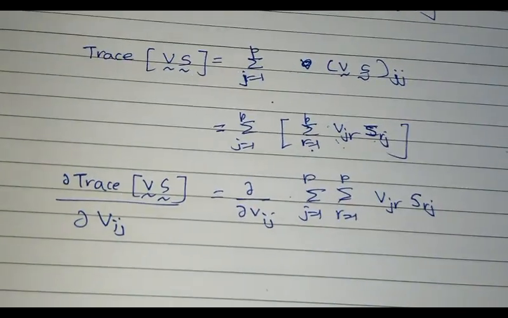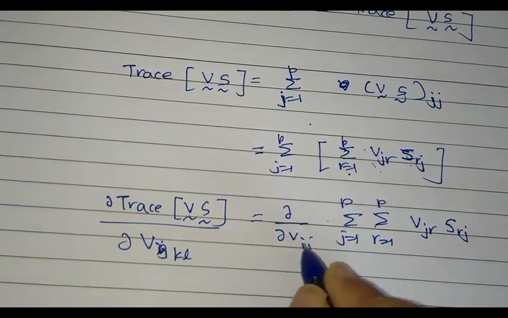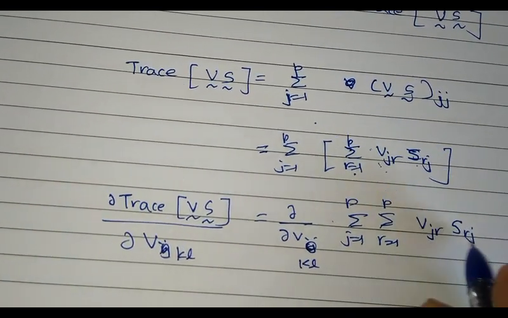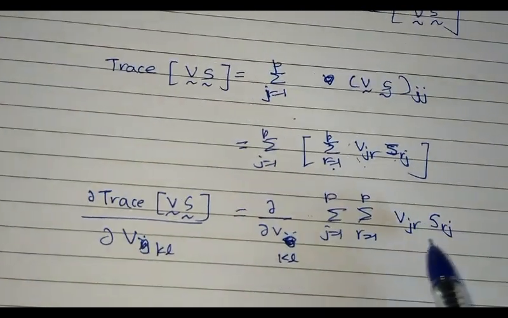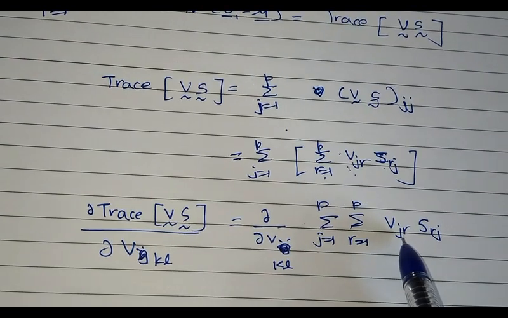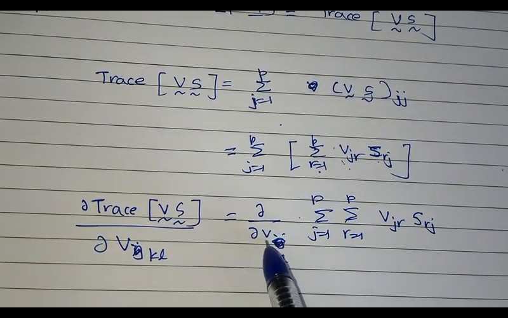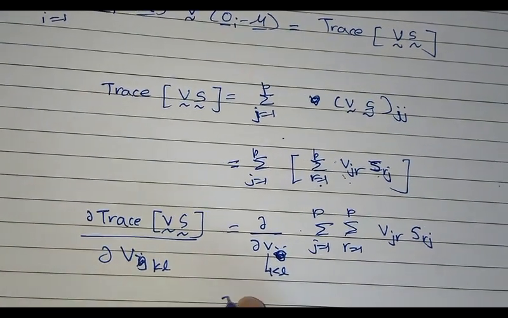Let me say the derivative with respect to, in general, kl instead of ij, because I am using j here. From this derivative, only when I have kl here, meaning when j is equal to k and r equal to l, only at that time V_kl will survive, otherwise it won't.